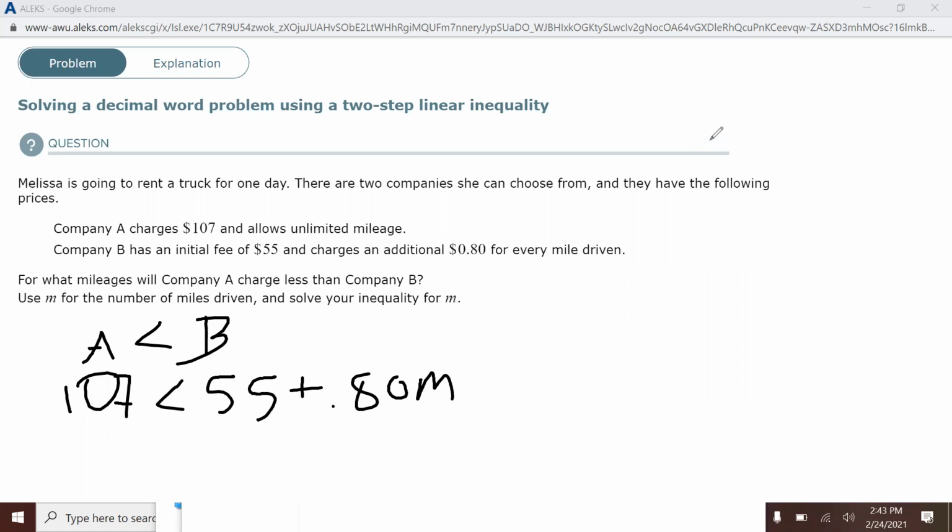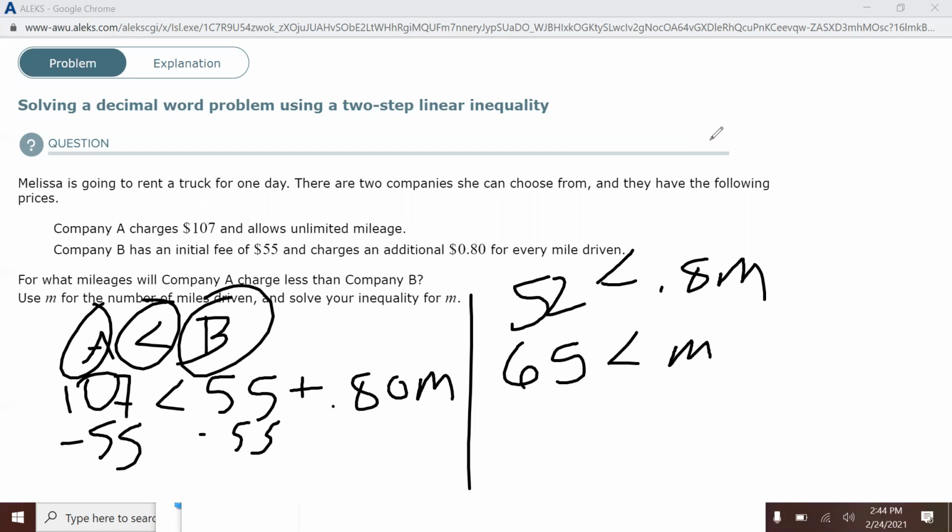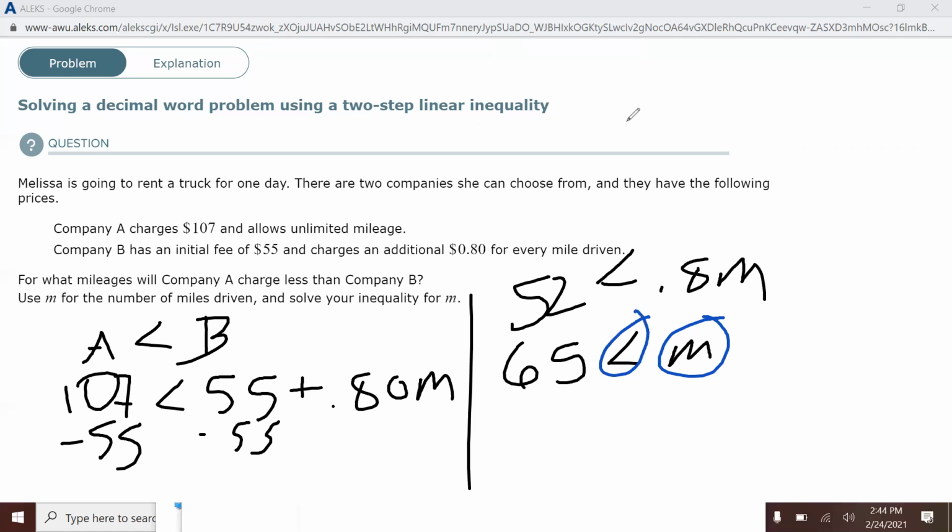We now have an inequality statement that we can solve. And so Company A will cost less than Company B when the number of miles is more than 65.